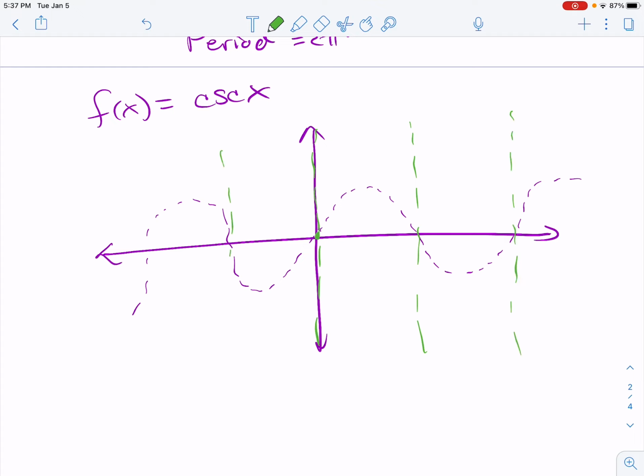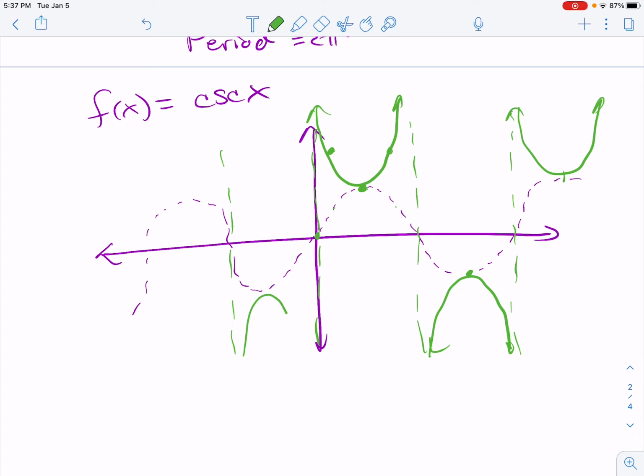Okay? When it's 1, that's the point, that's the point. This is, if that's a half, its reciprocal is 2. This is a half, this reciprocal is 2, so I know my loop is up here. And I know this one's down here. And this one's up here. This one's down here. Okay?